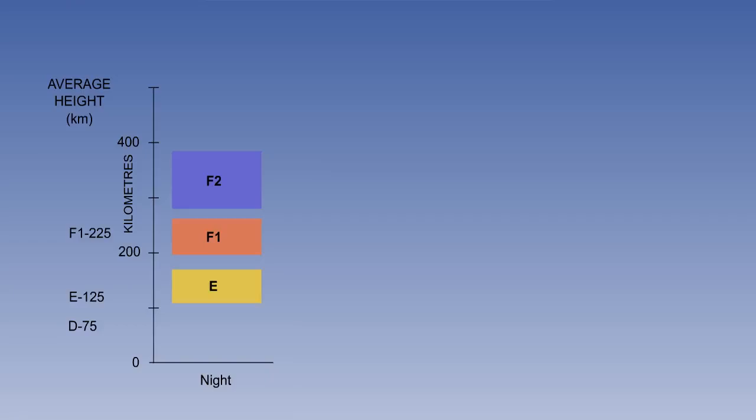At night, the negative electrons and the positive ions recombine, and the D layer disappears until the next sunrise. The E layer, also known as the Kennelly Heaviside layer, after its discoverers, is found at an average height of 125 kilometers. Normally, the layer can only reflect waves having a frequency lower than about 10 MHz, and it has a negative effect on wavelengths above 10 MHz due to its partial absorption of these waves.